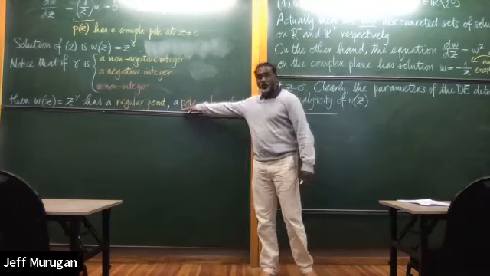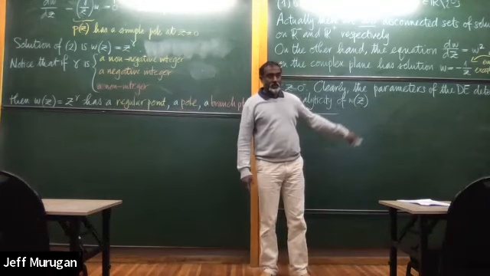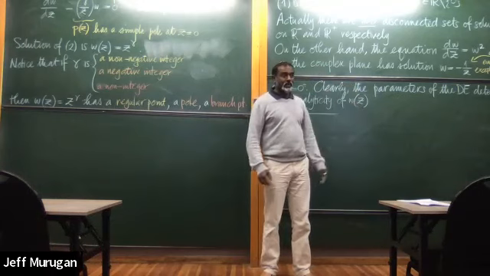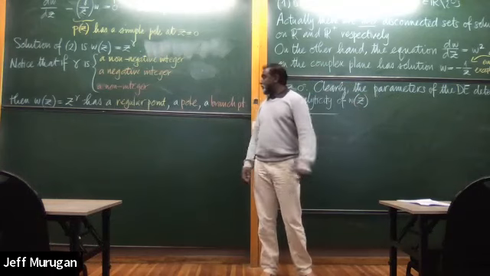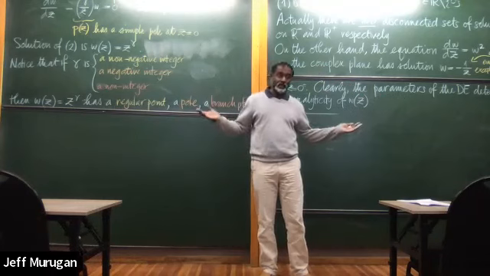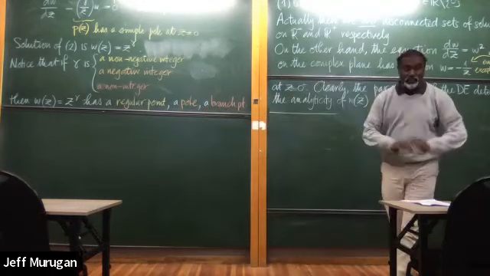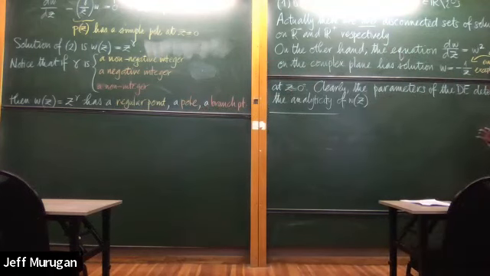When I say it's got a pole, that means it blows up at a certain point. Right? When I say it's got a branch point, that means that I have to be very careful about branch cuts at the complex point. When I say that it's regular, I know that it's a perfectly regular solution, it's an analytic solution. Okay? And again, all of these things I'm able to tell by just looking at the coefficient.